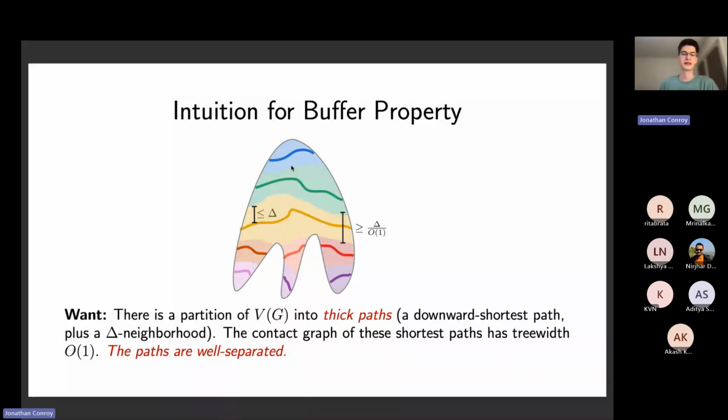The contact graph has bounded tree width, just like the decomposition. And we have this additional buffer property that says the paths are well separated. Removing a path separates the 2 halves of your graph by at least delta divided by some constant, just like trees and paths.